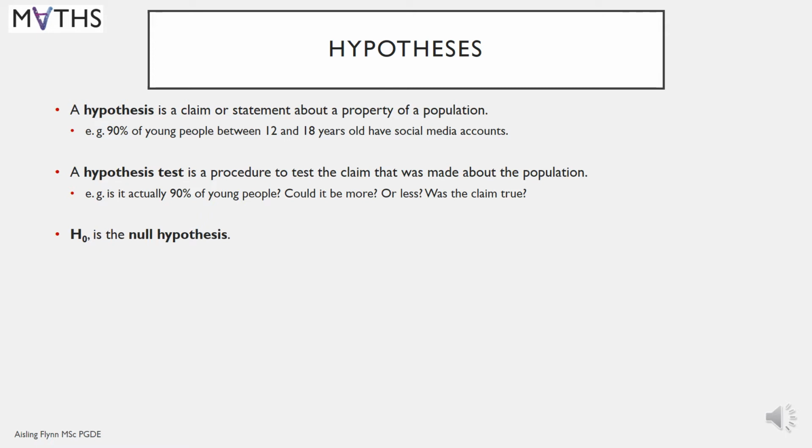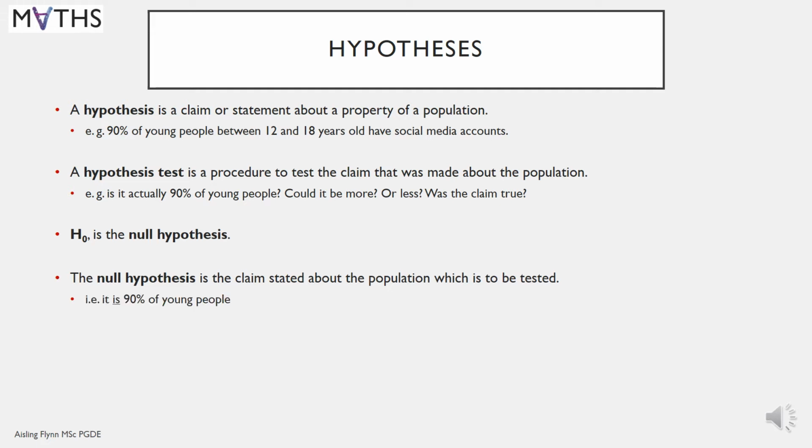Now H0 is the name that we're going to give to something called the null hypothesis. And the null hypothesis is the claim stated about the population, and it is the one which is going to be tested. So in our example here, we're going to test if that figure 90% is true.